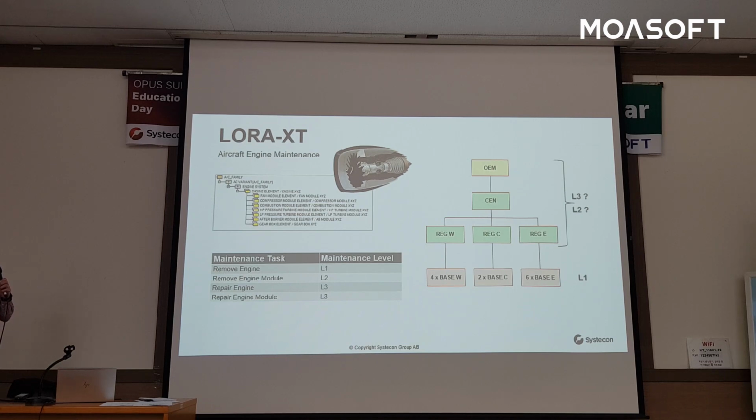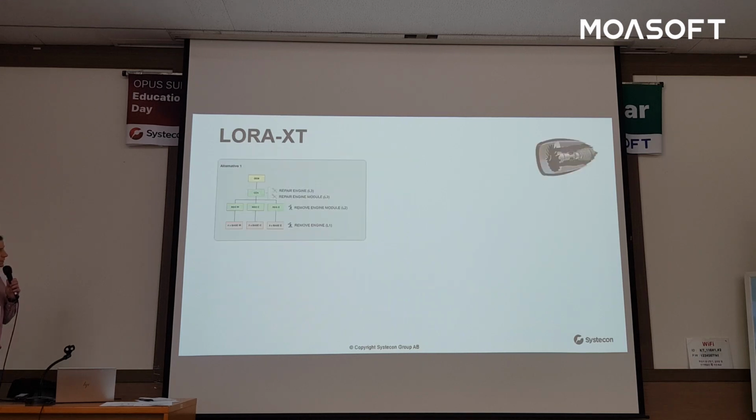But for the other 2, level 2 and level 3, we're not sure where to perform them. We think that we can combine them as we want, the L2 and L3, at the 3 different levels. So that means that we get a set of alternatives. Maybe it's hard to read here, but I'll help you out. Either we can place the L2 level at the regional locations, and then place the L3 at the central station.